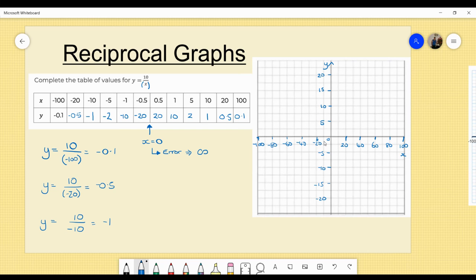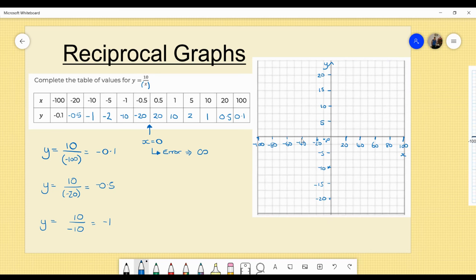And then my -10, and -1, so just building up slowly. -5 is going to be down at -2, and -1 is going to be down at -10. We're getting closer down here, and then we get to negative 0.5. So we're really close to the axis, but not quite touching. And that was all the way down there at minus 20.